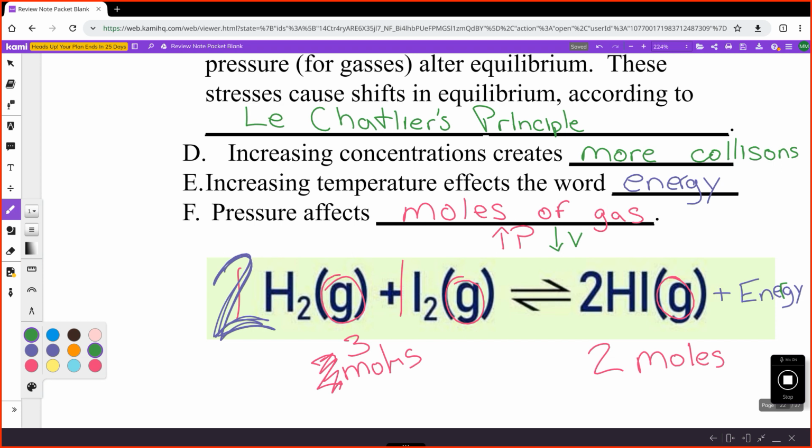And in this case, we're trying to look and say, all right, well, if I had less space in a system, what side would the equilibrium favor? And the answer is it's going to favor the side that has less moles. There's a lot that you have to decipher to do that.